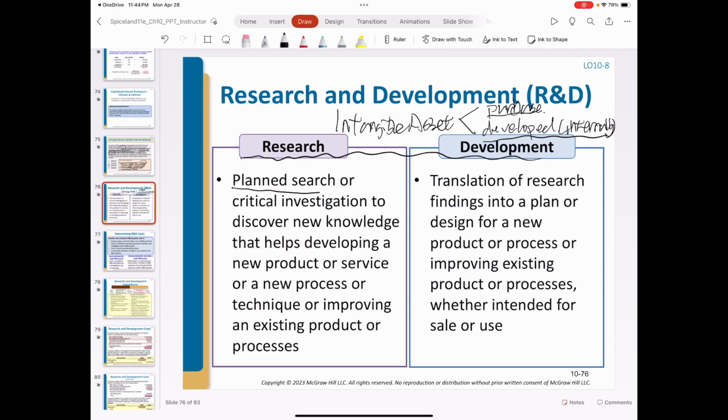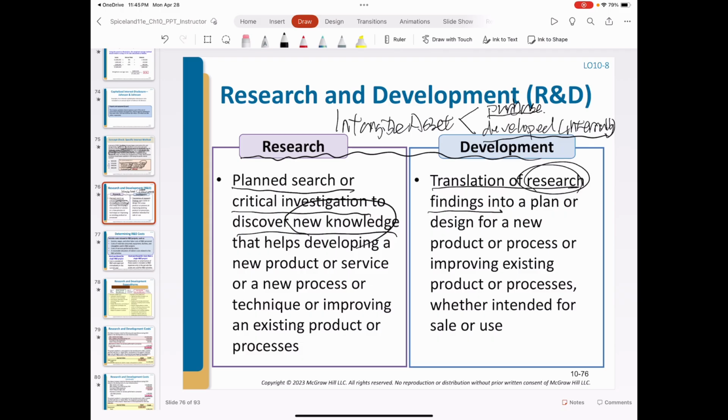It is applied research or critical investigation to discover new knowledge that helps develop a new product, service, process or technique, or improve an existing product or process. This expense is to discover new knowledge. Development, on the other hand, is the translation of research findings.